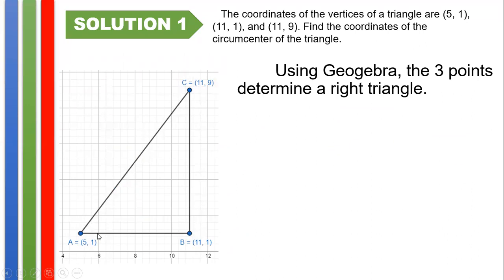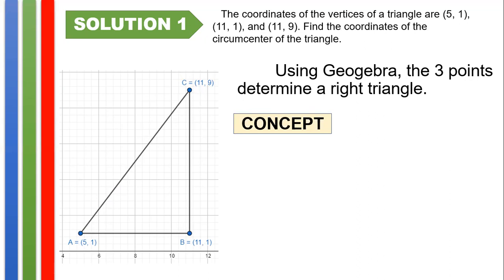A horizontal and a vertical segment in a coordinate plane are perpendicular at their point of intersection. So angle B is a right angle, and since triangle ABC has a 90-degree angle, triangle ABC is a right triangle.